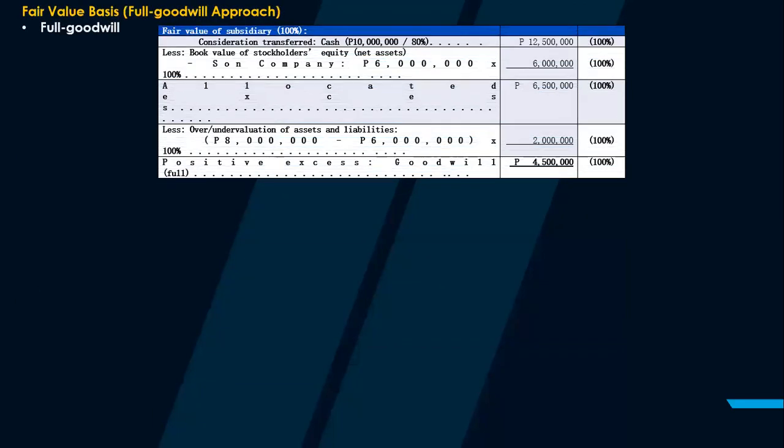Now, for the fair value basis or full goodwill approach, the consideration transferred is 10 million divided by 80%. So, meaning the gross is 12.5 million, then the book value is 6 million. We have now the allocated excess of 6.5 million, the over undervaluation of assets of 2 million.